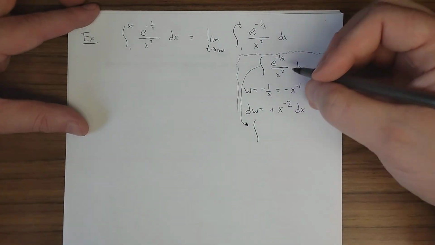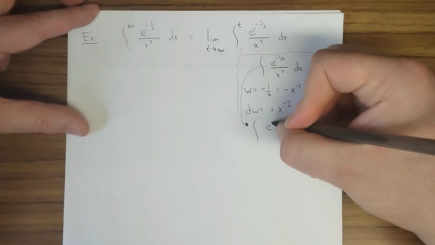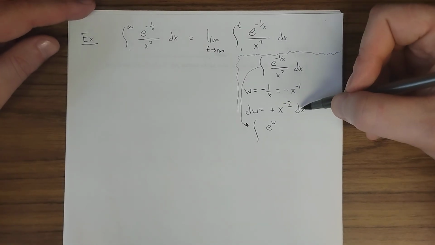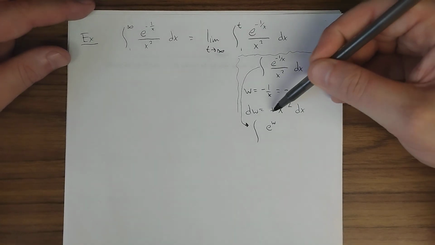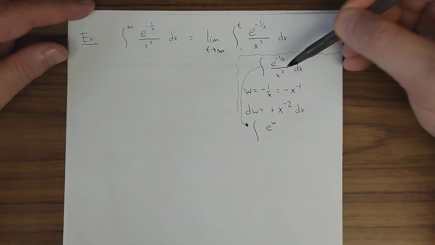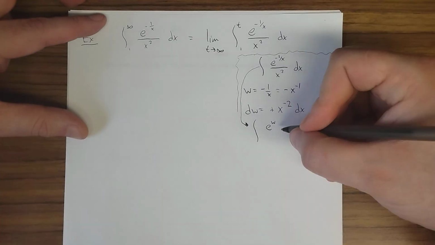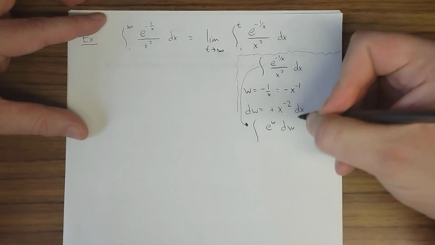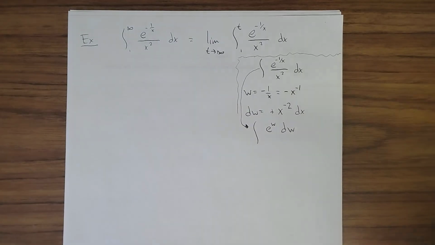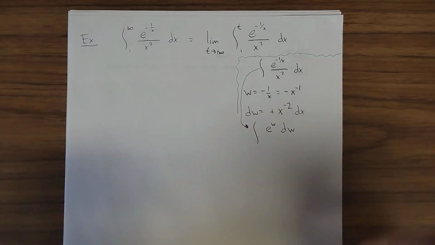So this is the integral of, well, the top is just e to the w. And if I'm putting everything together right, dw is x to the minus 2, which is equivalent to an x squared on the bottom. So actually, if I just write my dw right there, that takes care of everything.